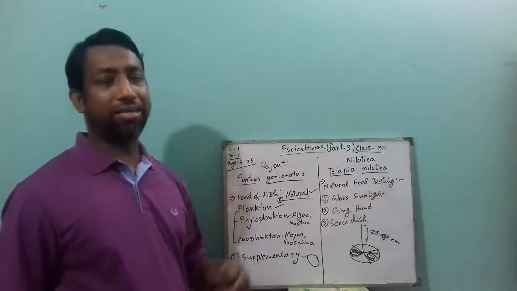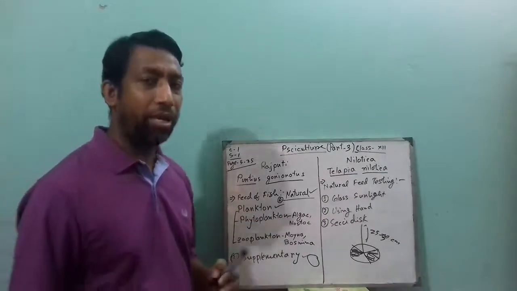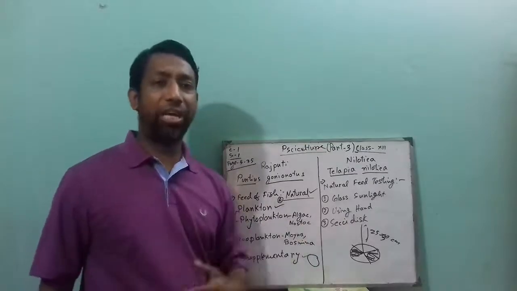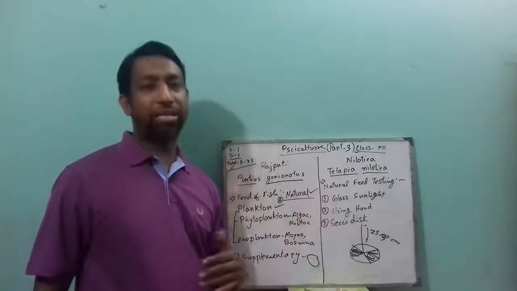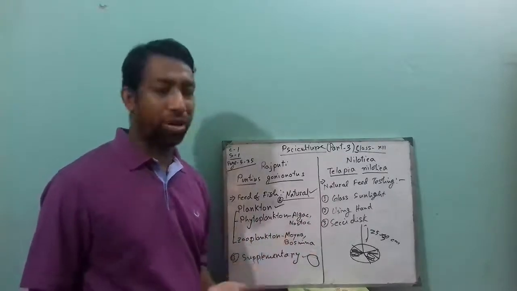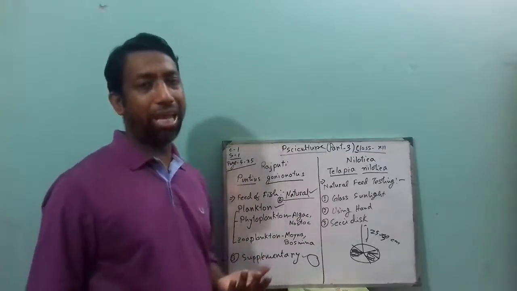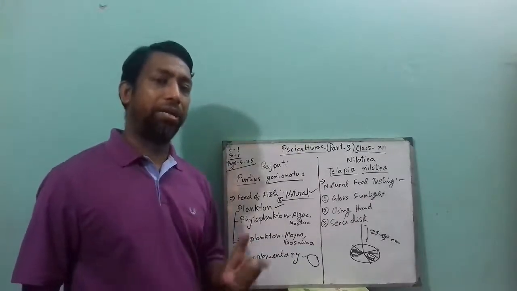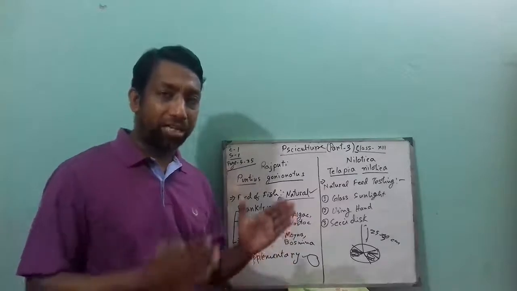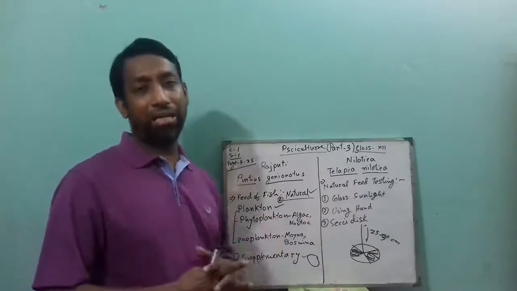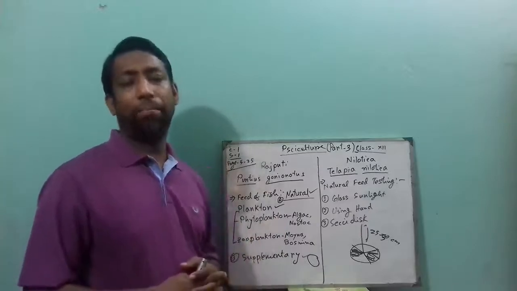You can collect randomly, not collectively. You can collect individually, and you can use a net for collection of the fish. If you see that the fish is 150 to 200 gram, then you can collect that one. Otherwise, if you see that the fish is about 25 to 30 centimeter, at that time you collect the fish and sell it in the market.